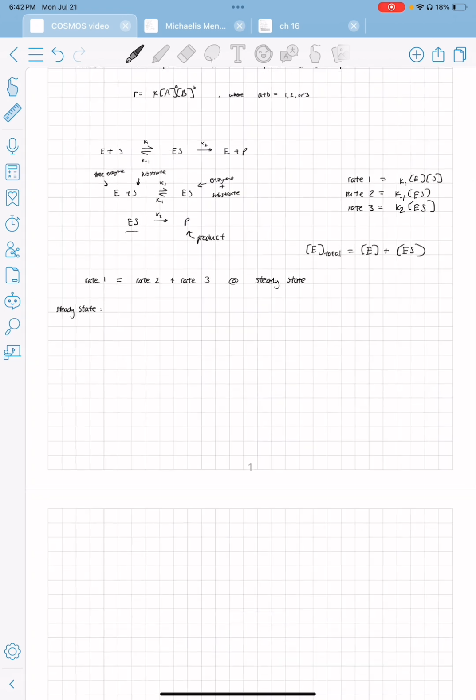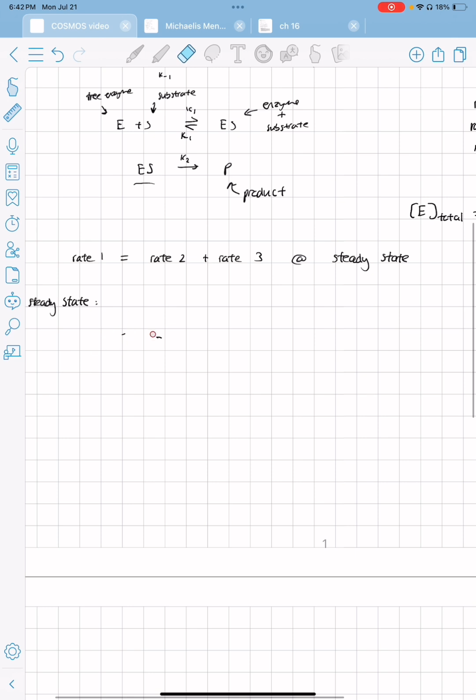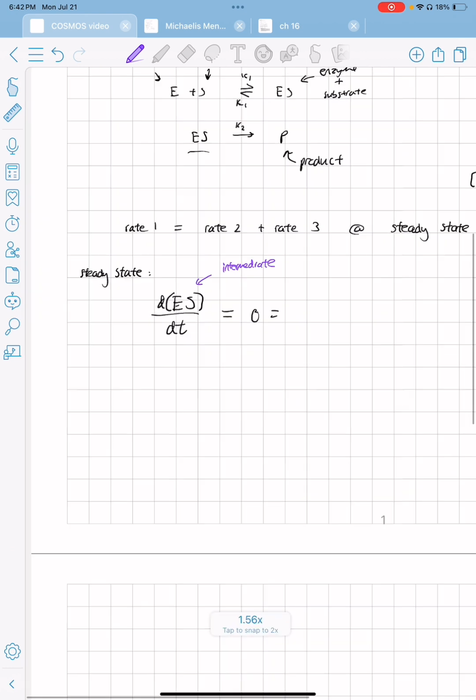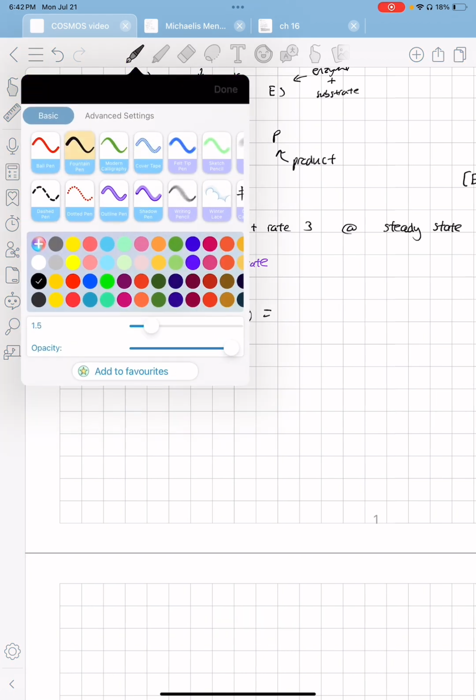What that actually means is that the disappearance and the appearance of the enzyme-substrate complex, the enzyme bound to the substrate, is in balance, so the change in the enzyme-substrate complex is equal to 0. This is an intermediate, so it's equal to 0.